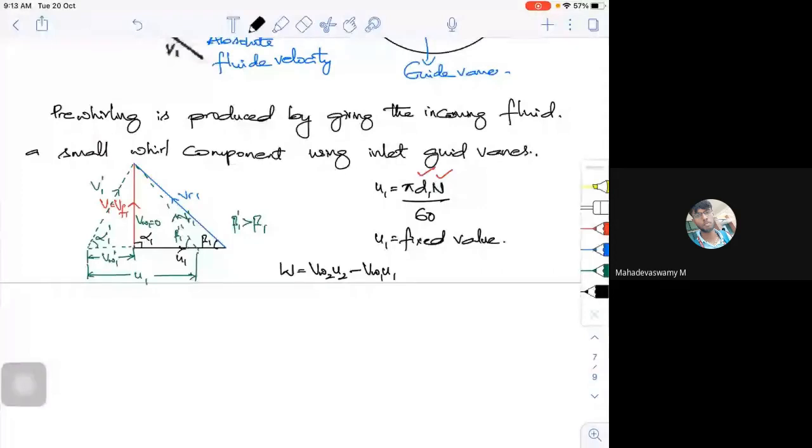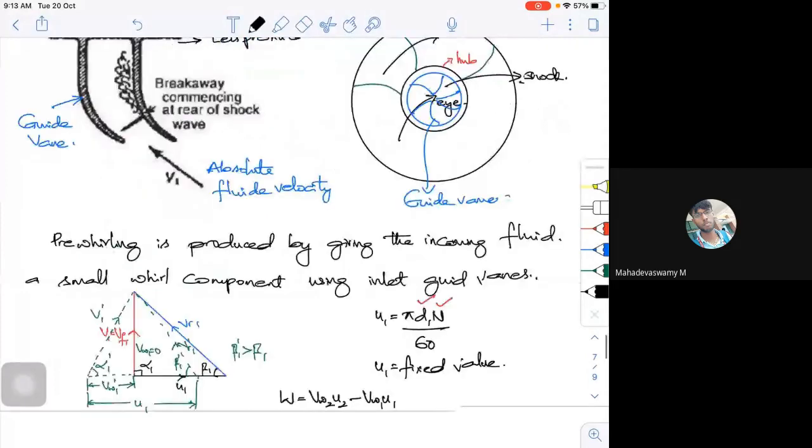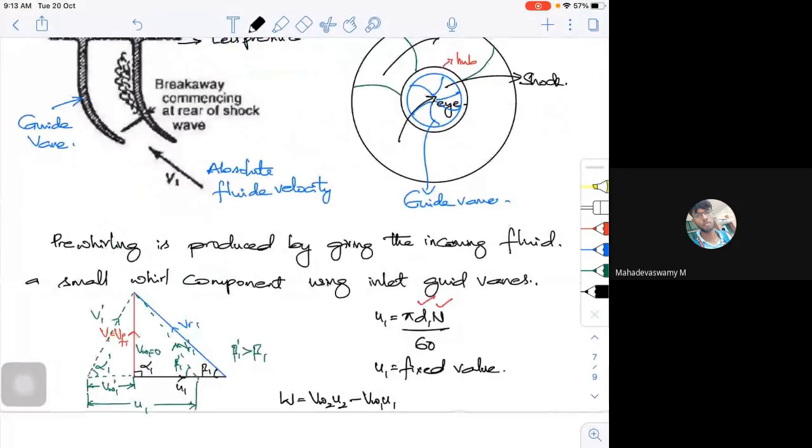There is a small reduction in the work, but I can avoid the formation of shock or dissipation of heat. VW1 is not a big number, it's a very small number. For example, V1 may be around 100 meters per second, and VW1 may be around 10 meters per second or so.